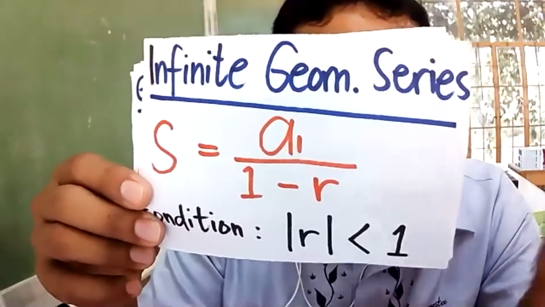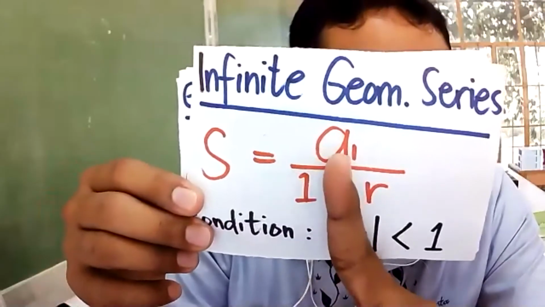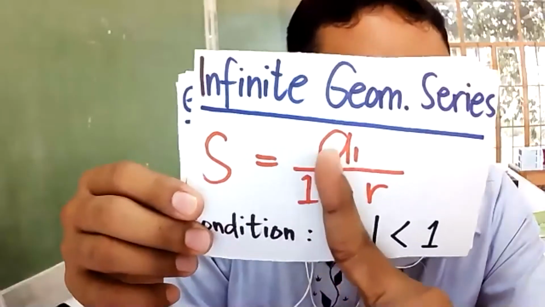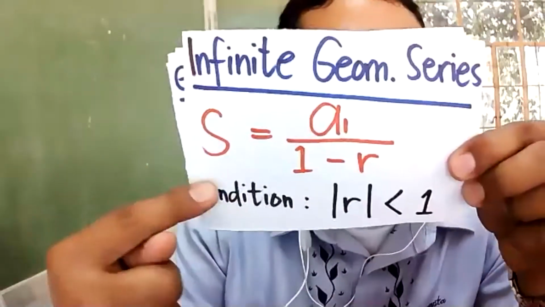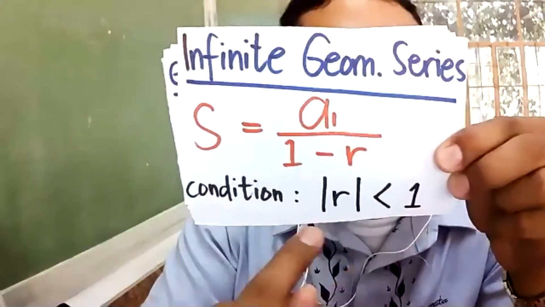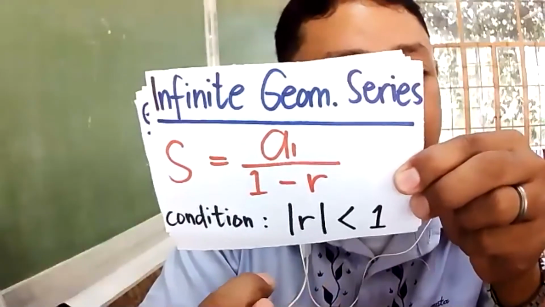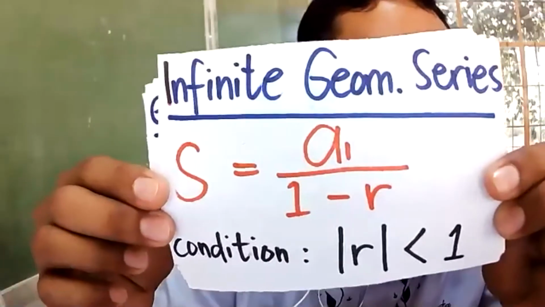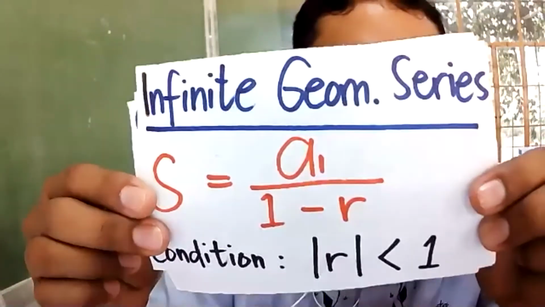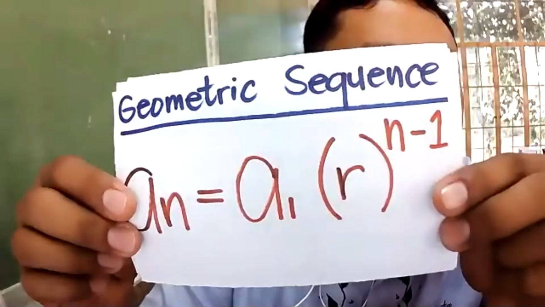Now, not all infinite geometric series have sum. Meron lang mangilan-ngilan. And those are the geometric series that fall under this condition. Okay? Don't worry, we will explain this further later. This is very easy. And that's it. That's all.